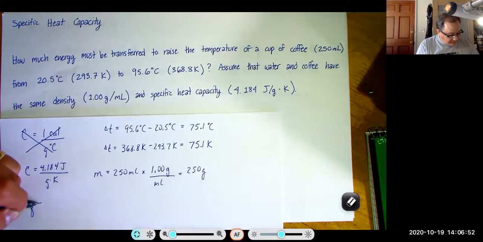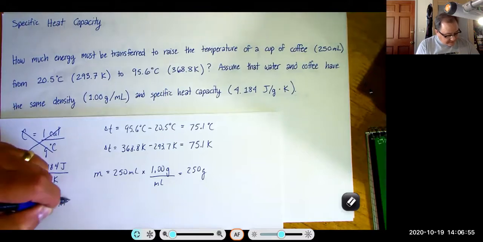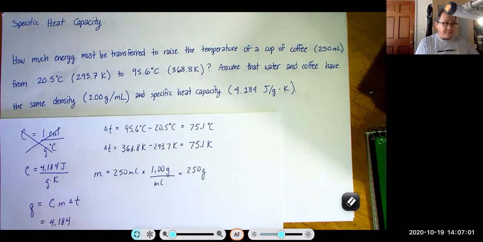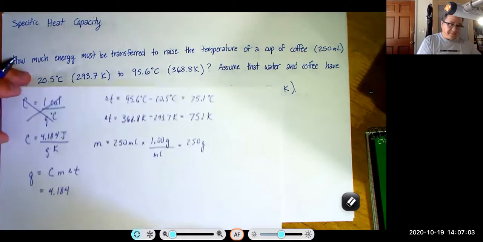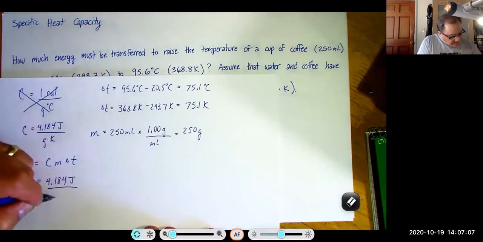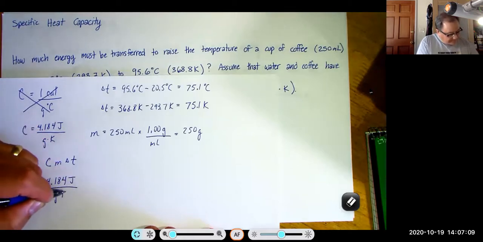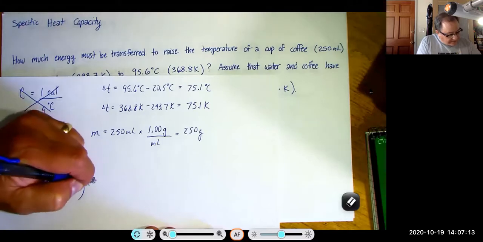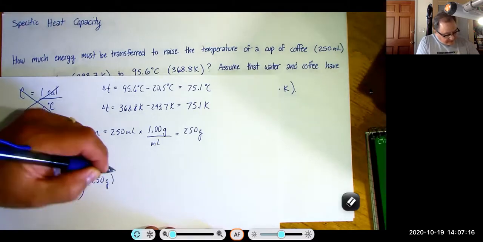So Q is equal to C M delta T, and we have 4.184 joules per gram per Kelvin. The mass is 250 grams.